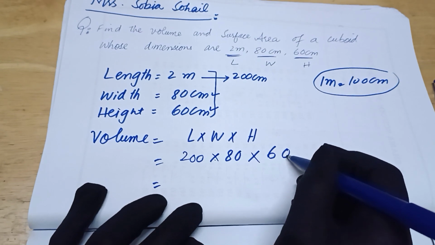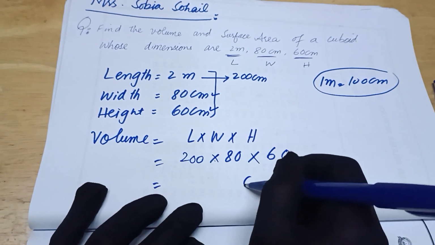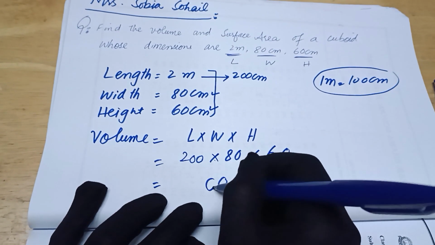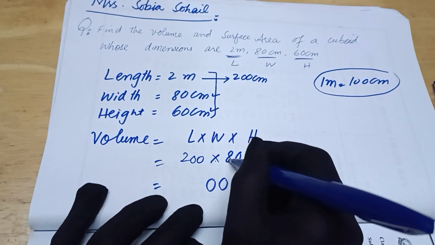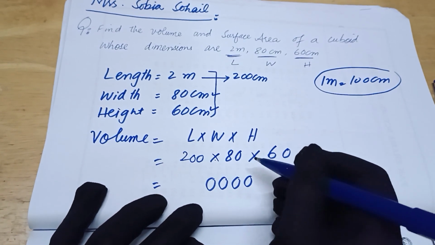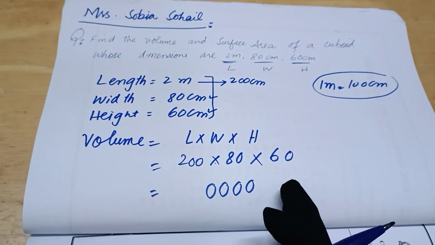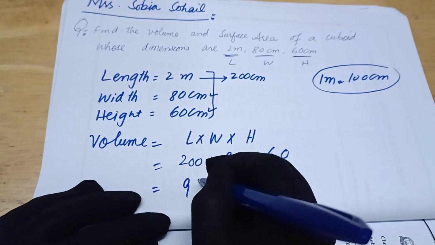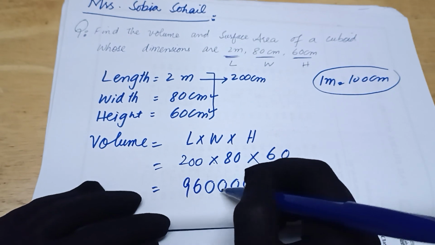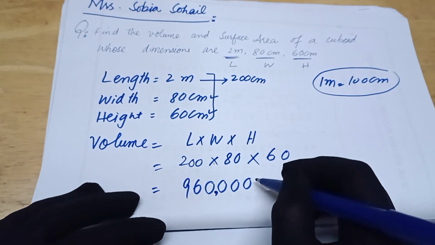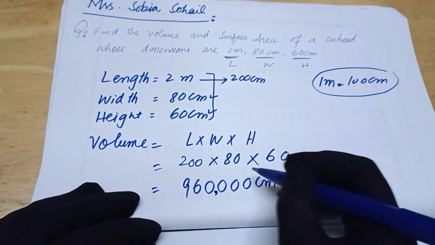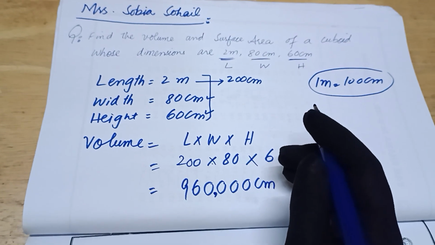How many zeros are there? 1, 2, 3, 4. 2 eights are 16, 16 sixes are 96. Centimeter, centimeter, centimeter.